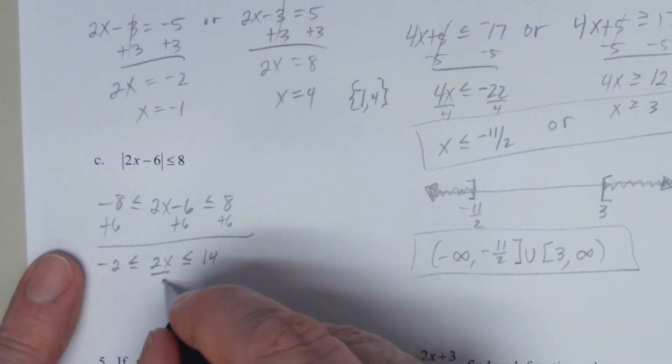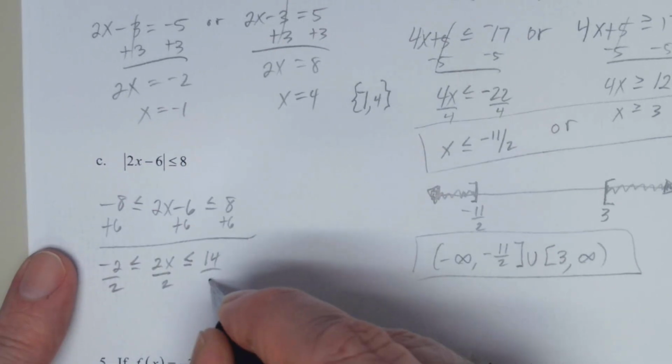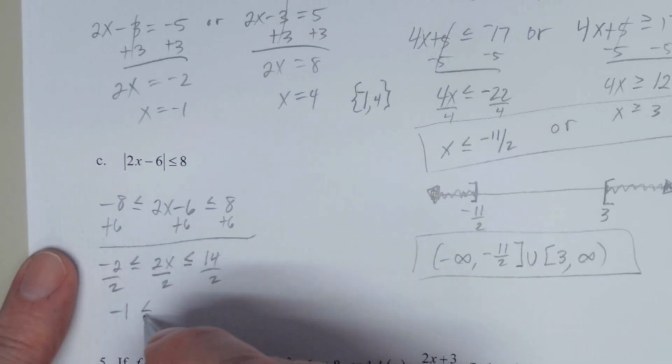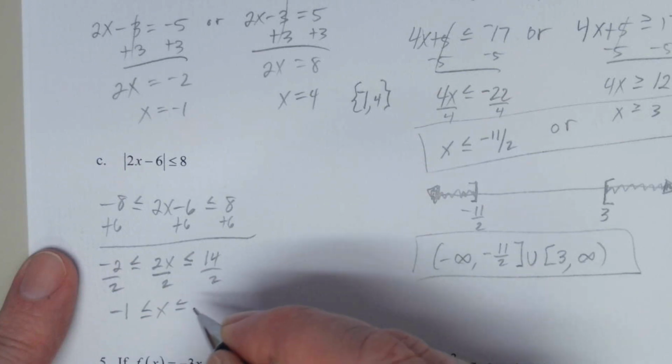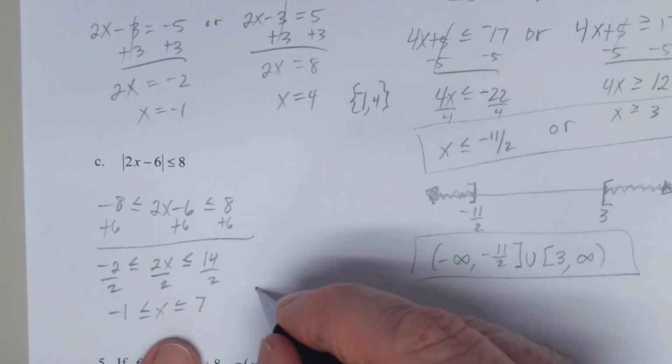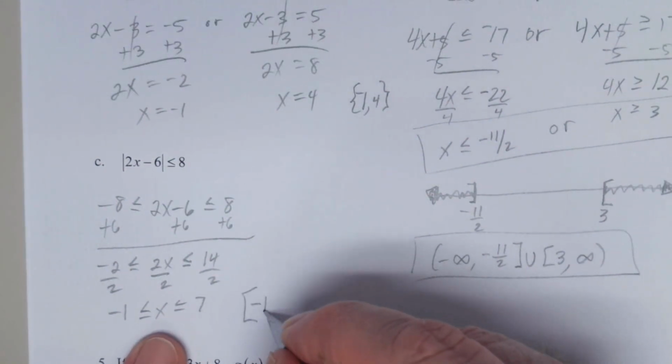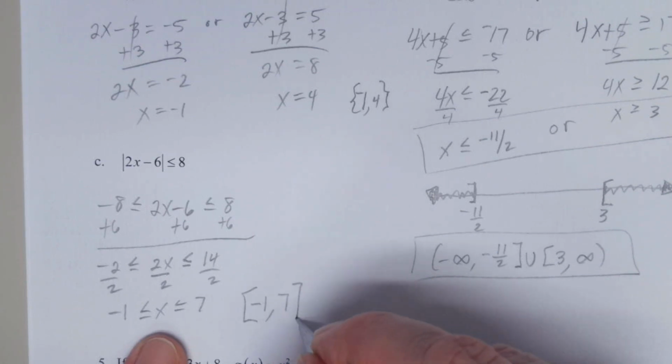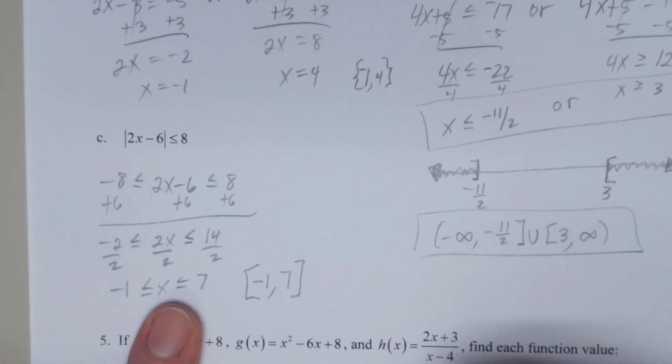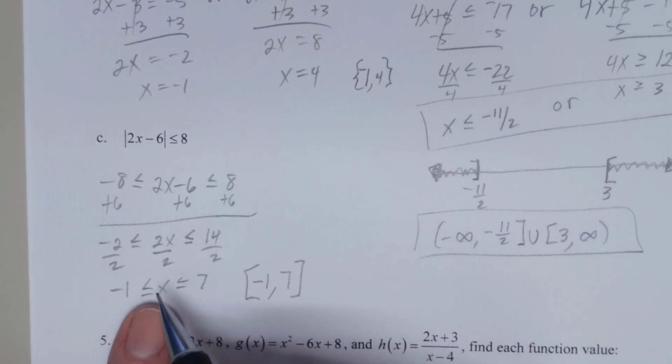We'll divide by 2. Get negative 1 is less than or equal to x is less than or equal to 7. So we're going from negative 1 to 7 with a less than or equal symbol. So basically we're going to do brackets because we're including the endpoints.